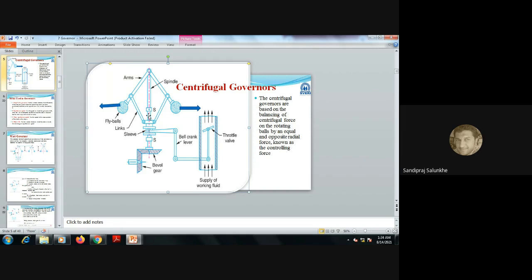When sleeve gets upward, this throttle gets closed, and likewise this is communicated, म्हणजे इंजिनचं स्पीड जे आहे ते ह्या थ्रोटलला कम्युनिकेट केलं जातं. And that device we are calling it as a centrifugal governor. It works on principle of centrifugal force. That's why it is called as centrifugal, and it governs the speed of engine. That's why it is called as governor.